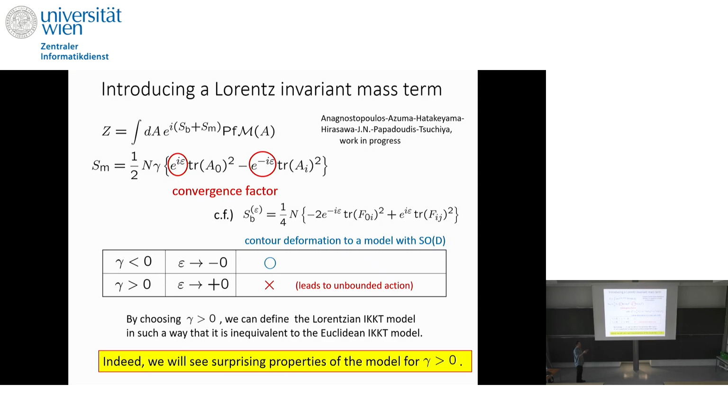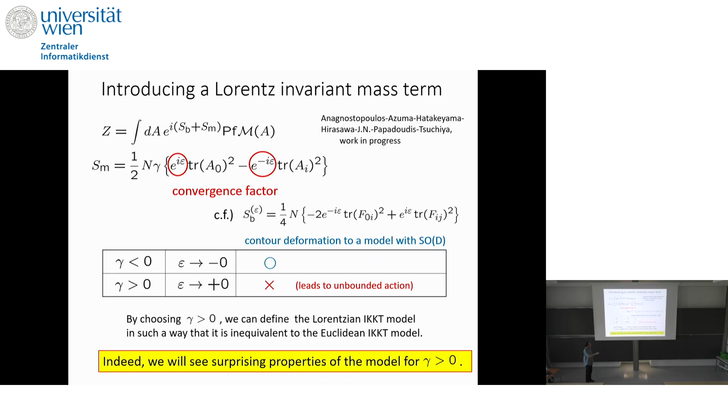However, things will be totally different if you go to positive gamma, because in that case, you have to make epsilon positive as well. And then you are not allowed to make this contour deformation anymore, because if you do that, then you lead to a Euclidean model which has an unbounded action, which is kind of obvious because the sign of gamma is flipped.